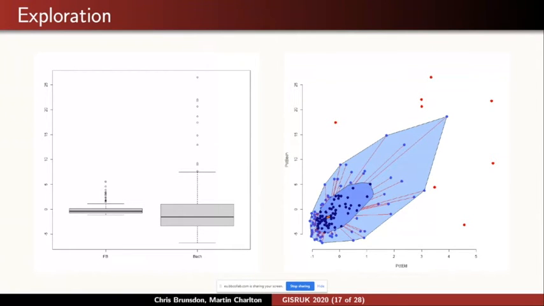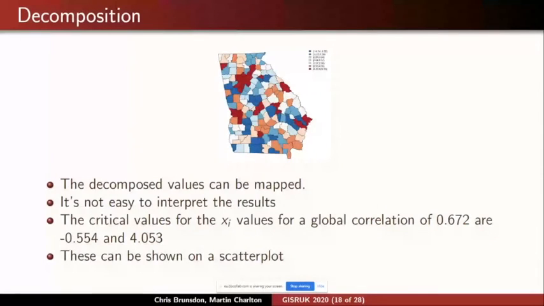On the right-hand side, we've got the bag plot, which is a sort of two-dimensional box plot, and the red zones are the ones which are the bivariate outliers. So the interesting question is, where are they?